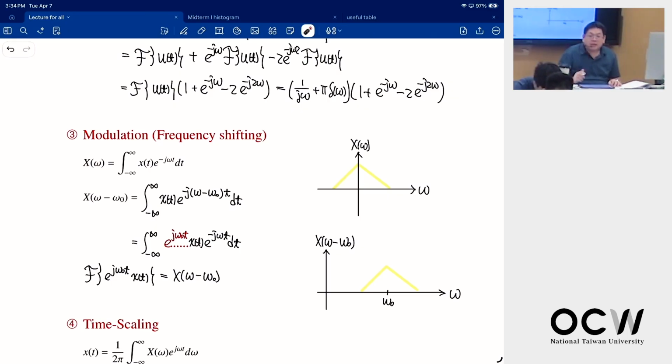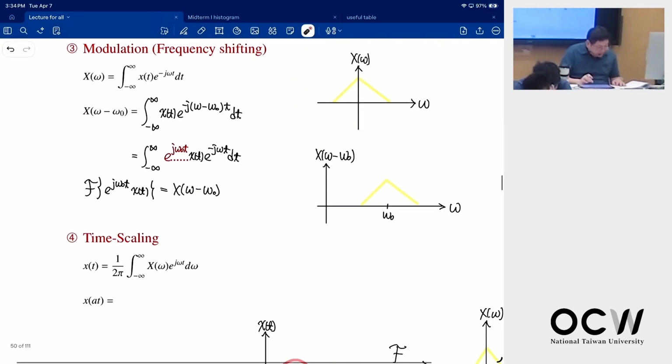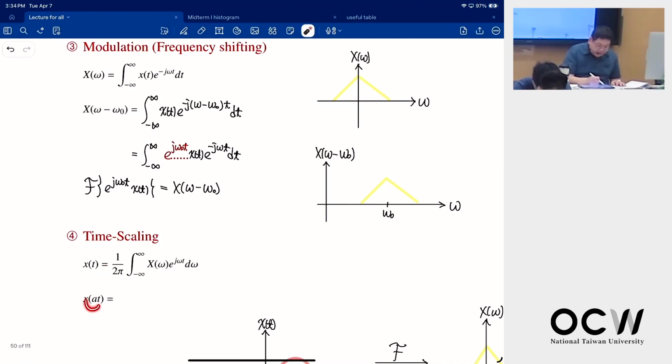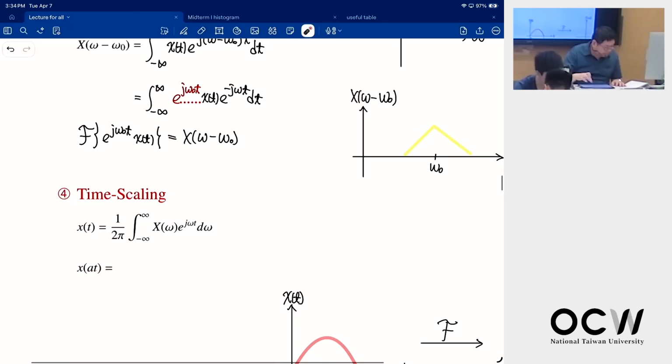Next, the time scaling. Okay, this is my signal, but if I compress or expand it, if I just multiply t by a, it could expand or decrease. Now t becomes at.